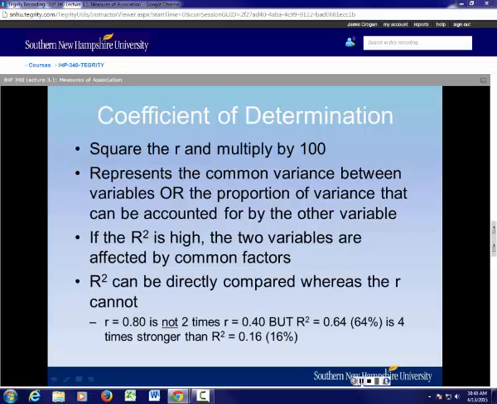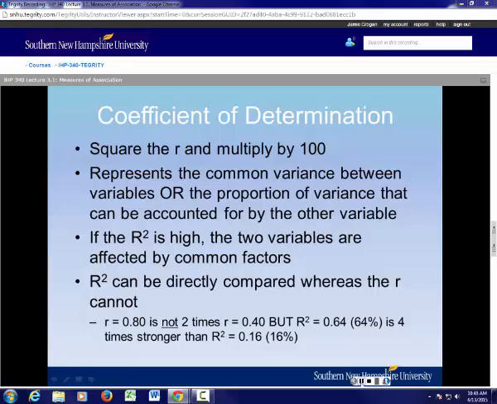The advantage of an R squared is that an R squared can be directly compared to another R squared, whereas an R cannot be directly compared to another R. So for example, if you have an R of 0.8 and an R of 0.4, the 0.8 is not 2 times the strength of a 0.4. You can't compare those numbers that way. What you have to do is take those numbers and square them, and then compare them.